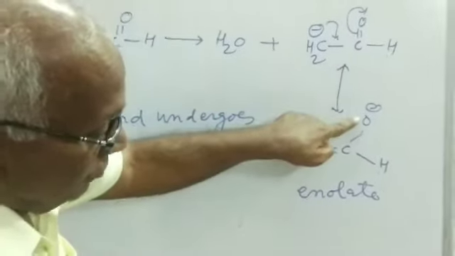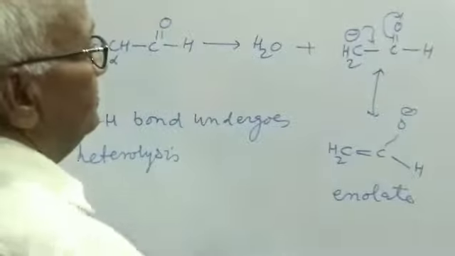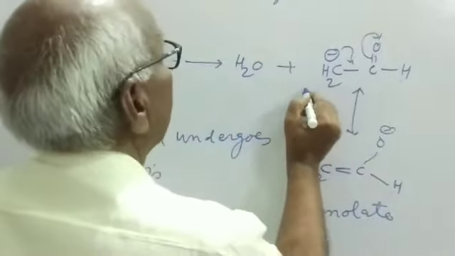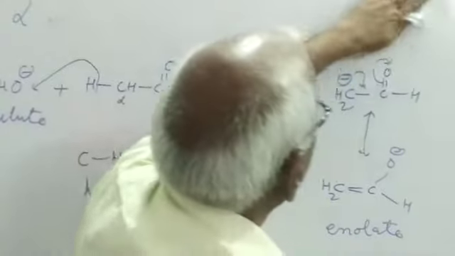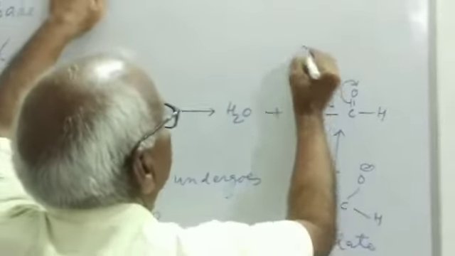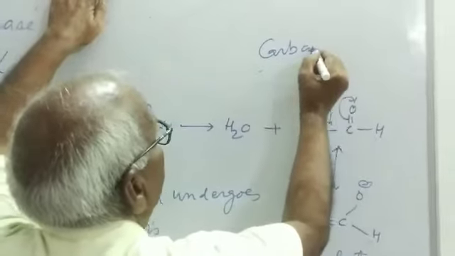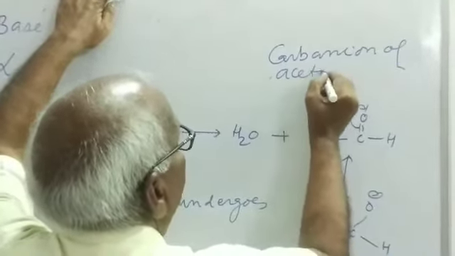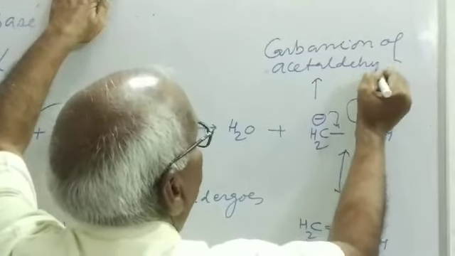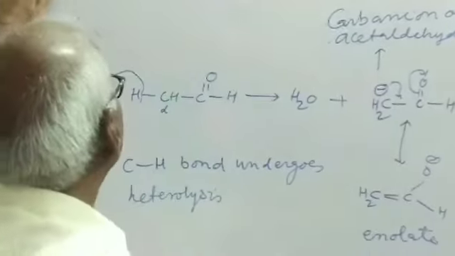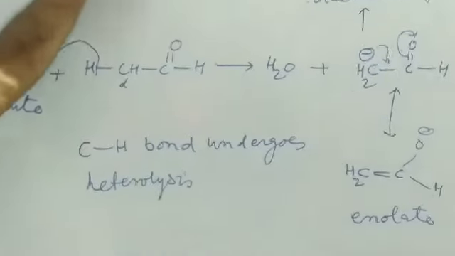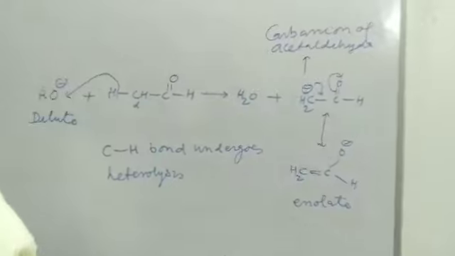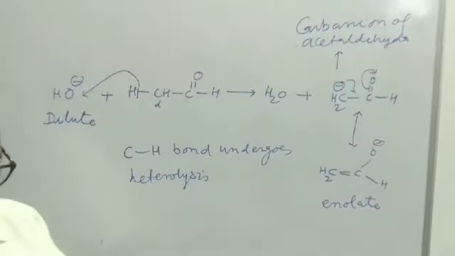So this is the enolate salt, and this is the carbanion of acetaldehyde. So these are the reactions where a covalent bond undergoes heterolysis. Thank you.